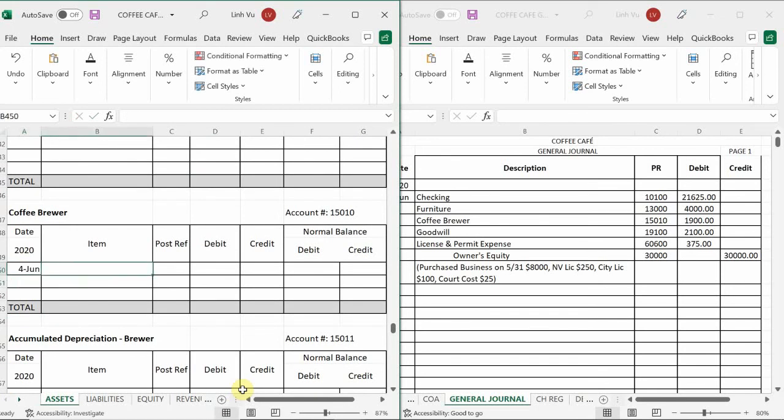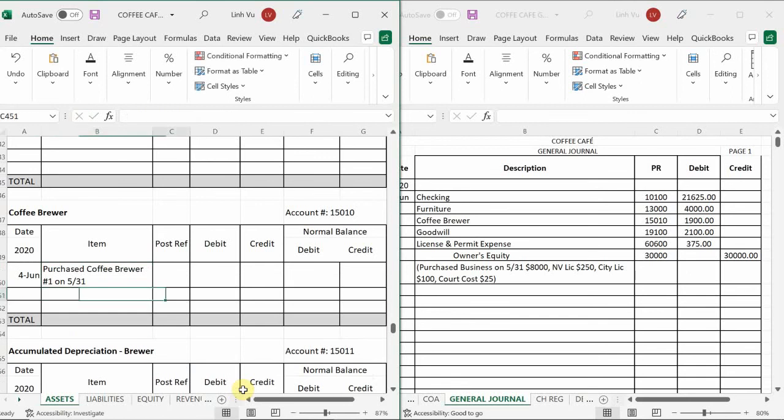You can say the same thing: you purchased coffee brewer number 1 on May 31st, which cost me $1,900.